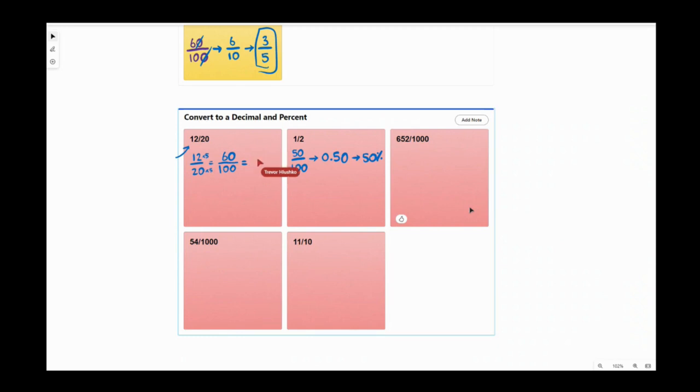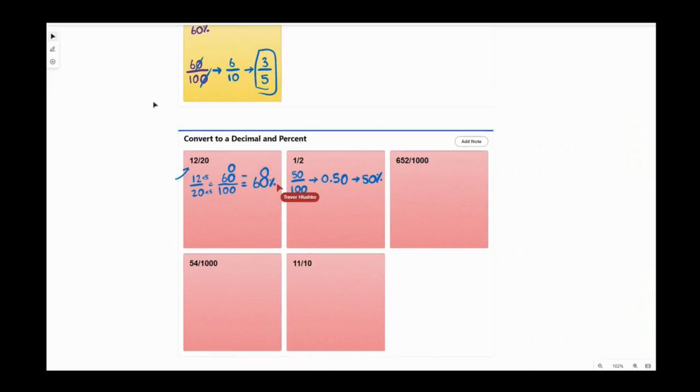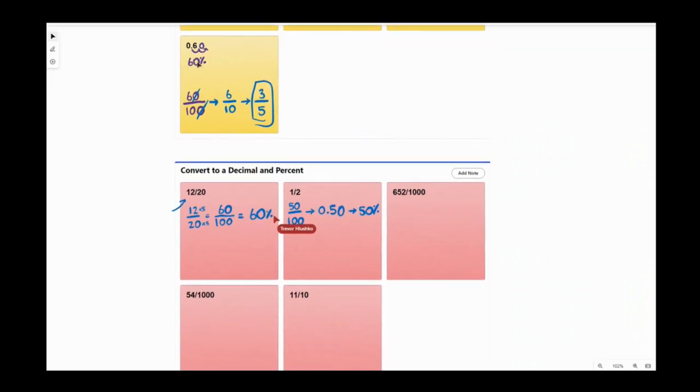Now it's easy to turn it into a percent. I've got 60%. And from our example just above, 60% can also be written as a decimal like that, 0.6. Okay, so works out pretty nicely that way.